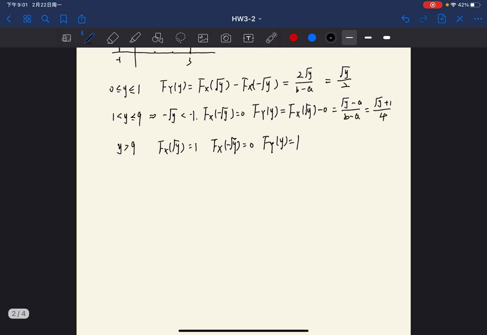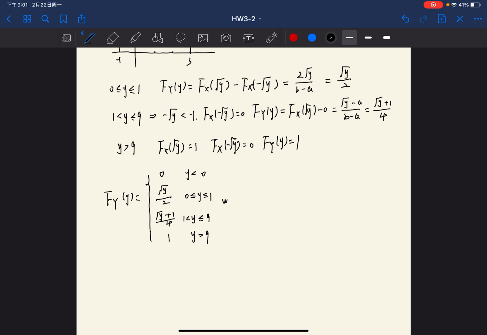And so we can obtain the probability distribution function of variable capital Y. So capital F y y equals 0 when y is smaller than 0, y to the power of 1 divided by 2 when y is between 0 and 1, y to the power of 1 divided by 2 plus 1 divided by 4 when y is between 1 and 9, and 1 when y is greater than 9.